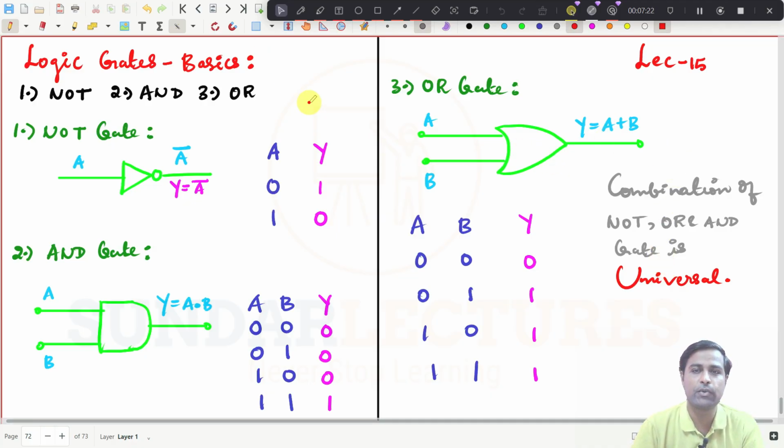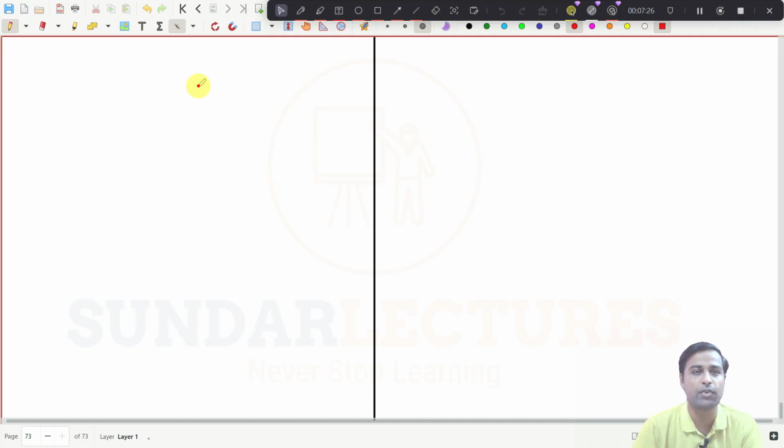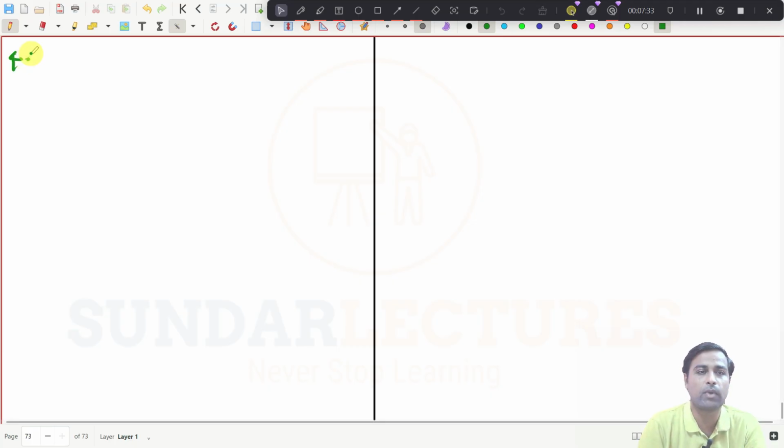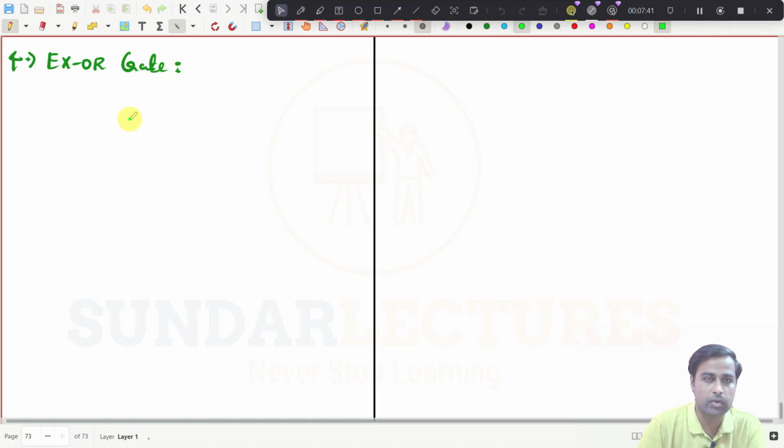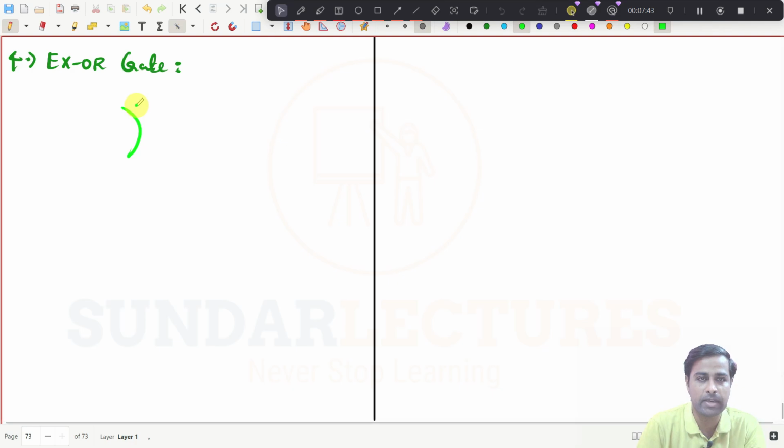Now, what we will do, we will go for extended gates. I will tell you one gate, that is the XOR gate. Maybe I will write it down as the fourth one, XOR gate. Right? What is this one now? And what is the symbol of the XOR gate? The XOR gate symbol will be like this. This is the symbol of the XOR gate.